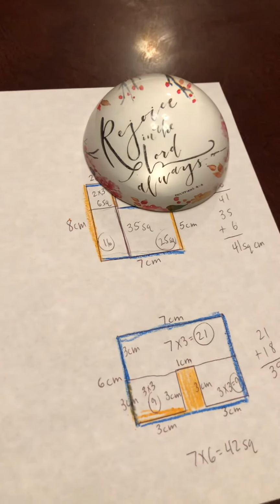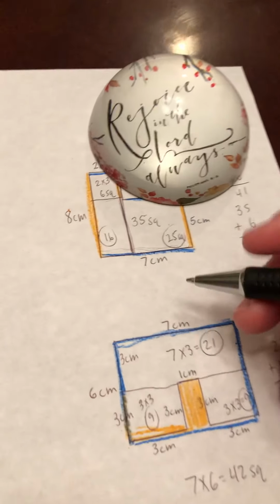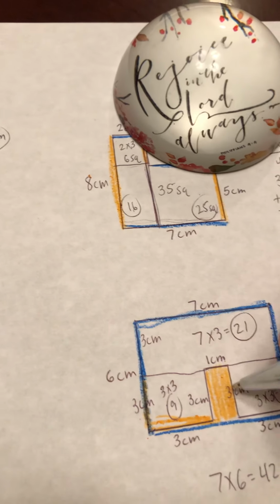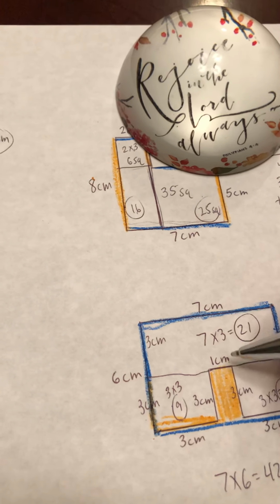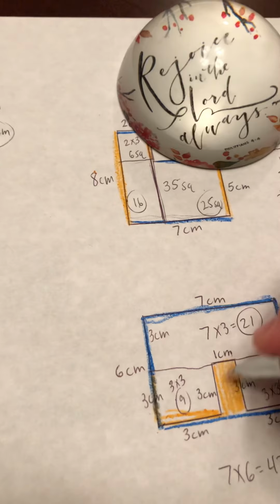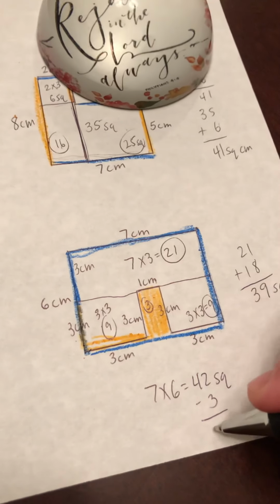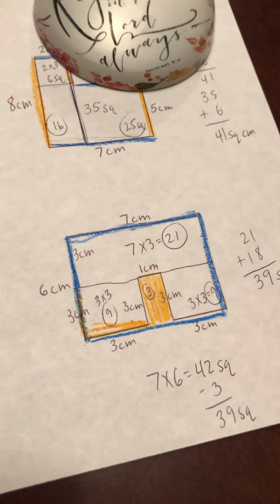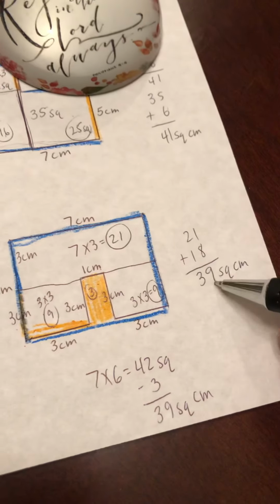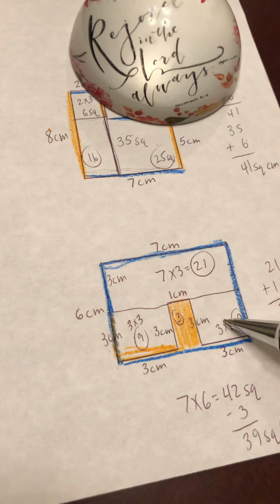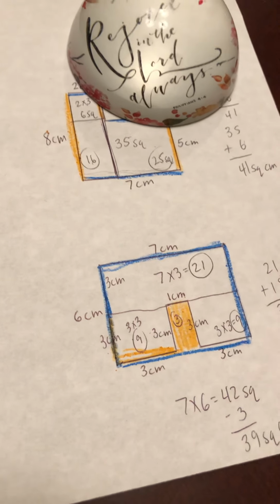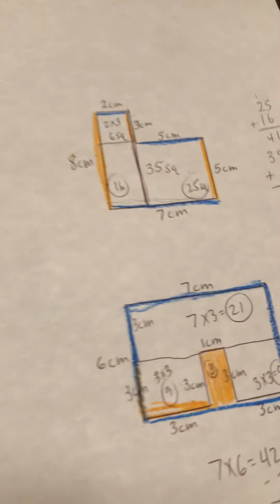So everything but that. So we overcounted. We overcounted by how much? Well, what is the area of this figure here? 3 times 1 is 3. So this is worth 3. So I'm going to take away 3. 42 minus 3 is 39 square centimeters. So same answer 2 different ways, whether I make it 3 rectangles or whether I imagine a large rectangle and use subtraction to take that out.